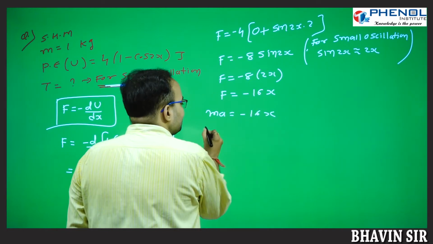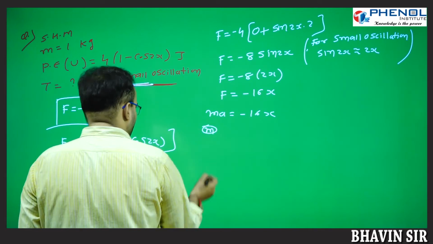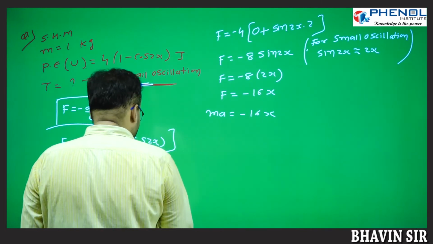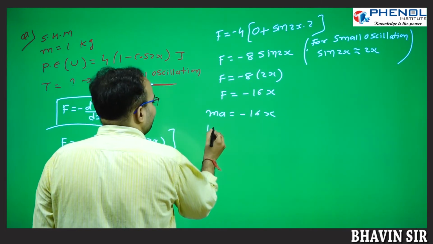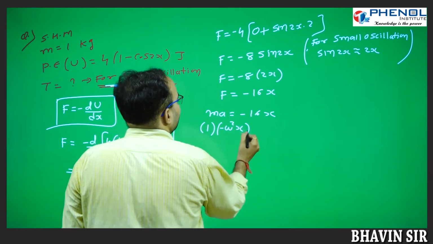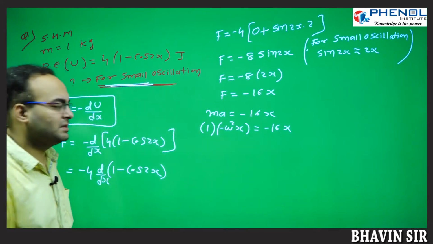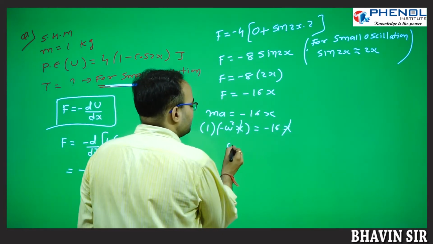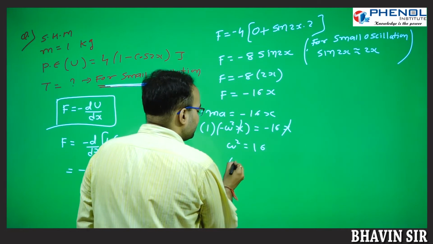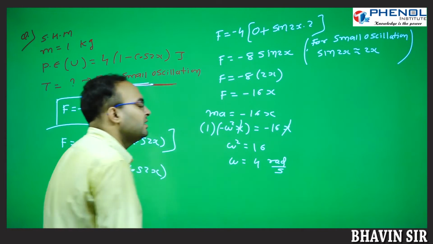What is acceleration? What is the mass? Mass is 1 kg. And what is acceleration? Minus omega square x. Minus minus cancel, x cancel out, so omega square equals 16, so omega is equal to 4.